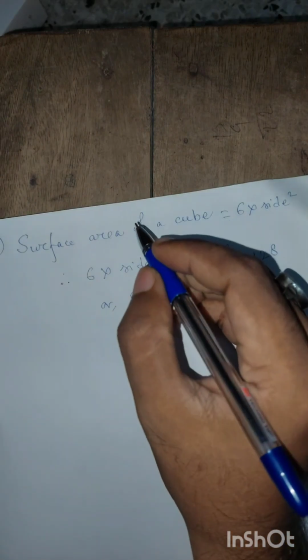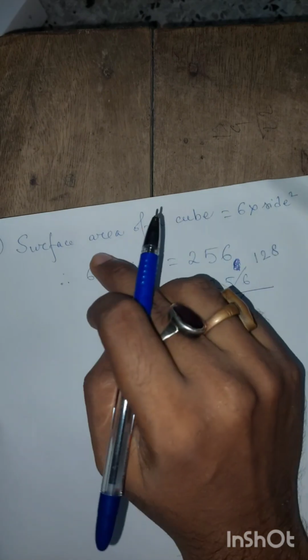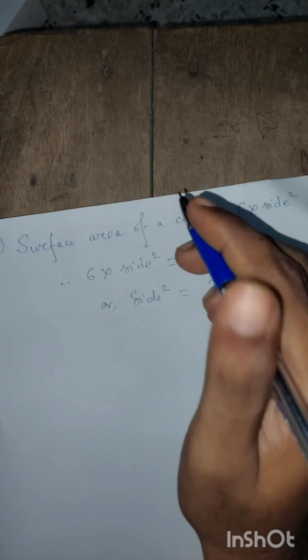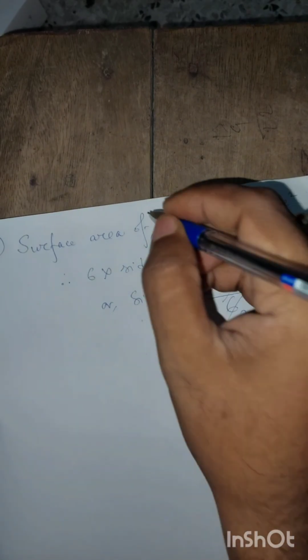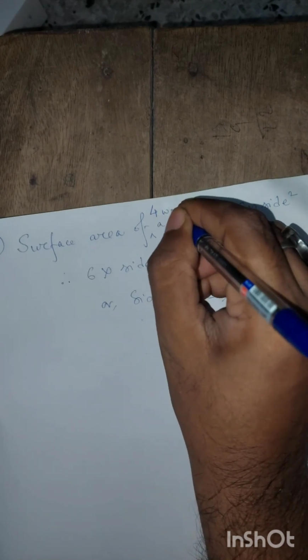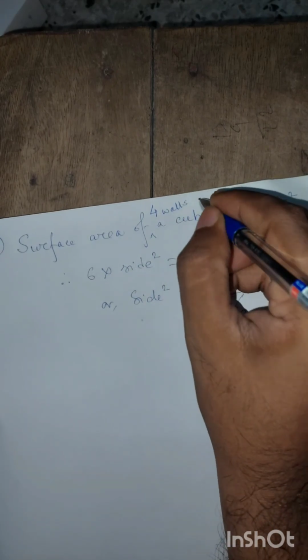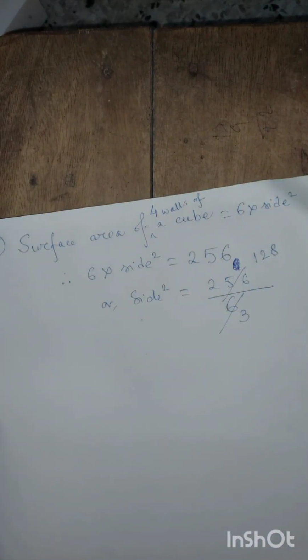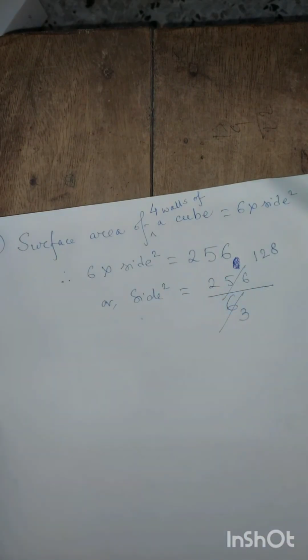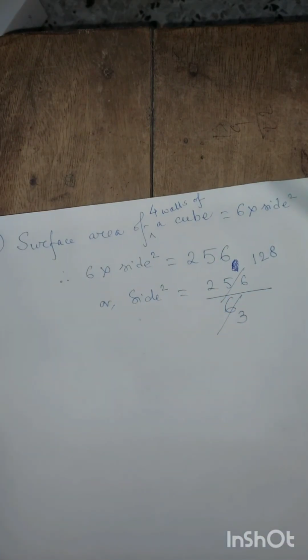The question should be surface area of 4 walls of a cube is 256 meter square.